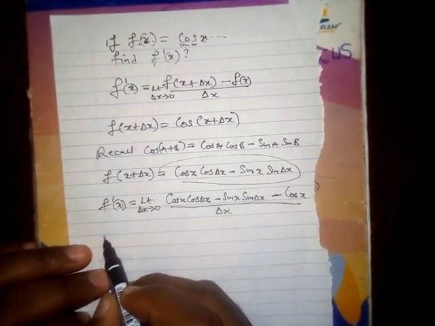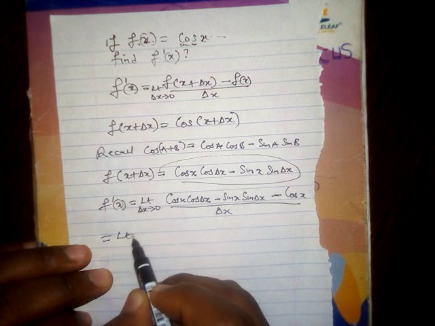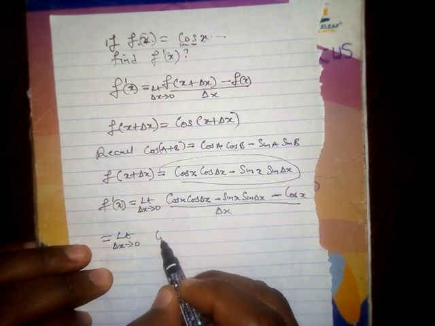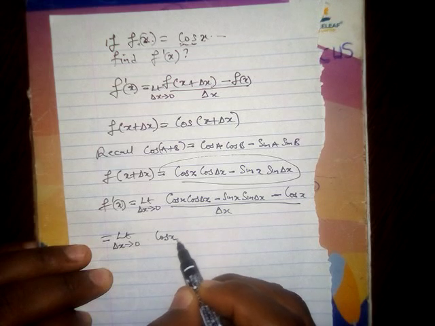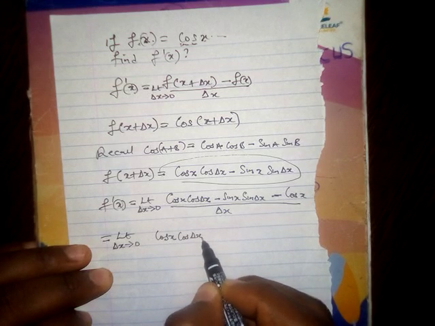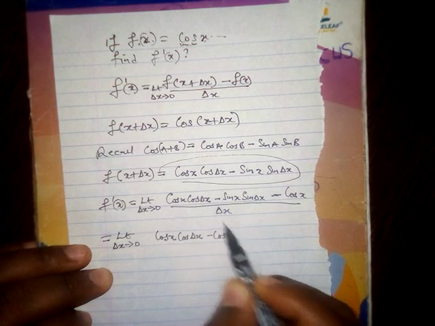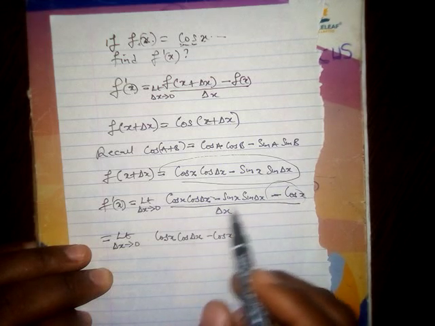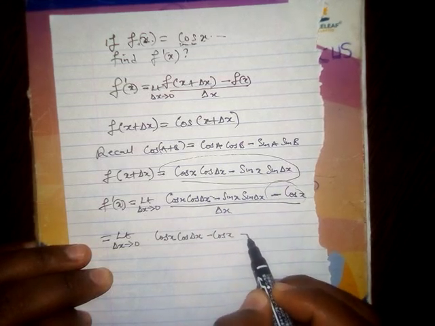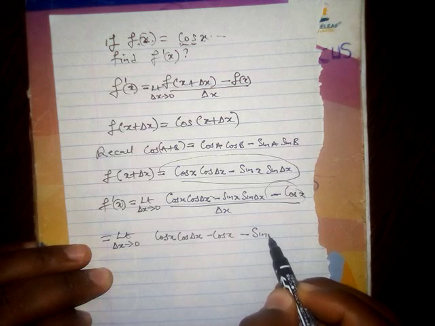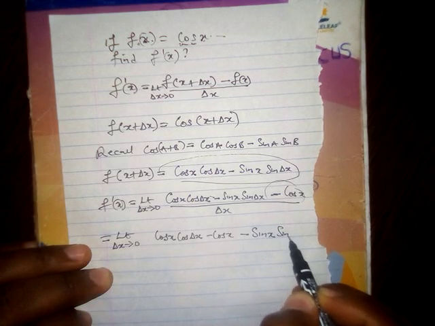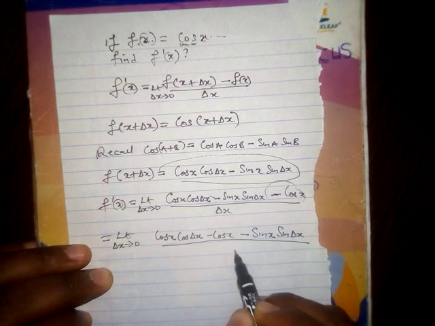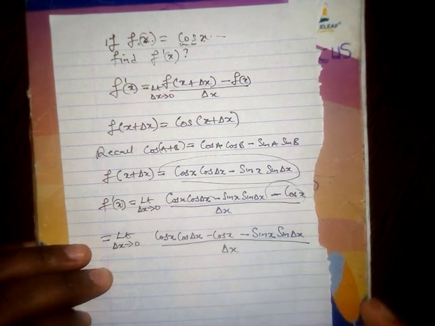So what we do now is we simplify. This is equal to the limit as change in x approaches 0 of cos x cos change in x minus cos x, minus sin x sin change in x, all over change in x.